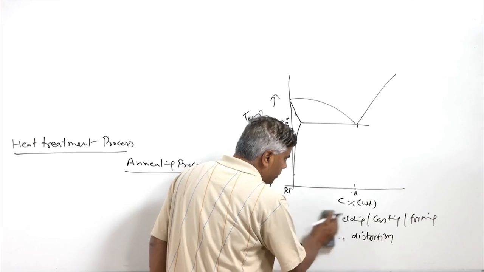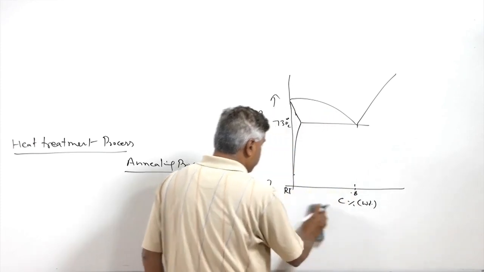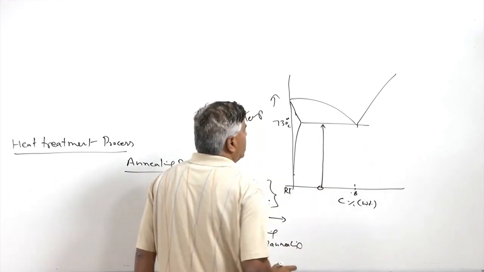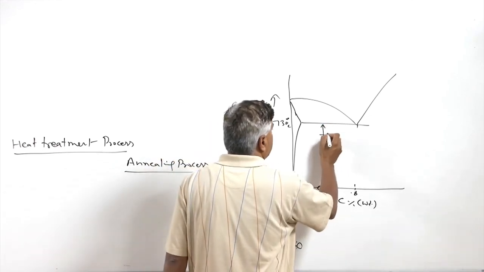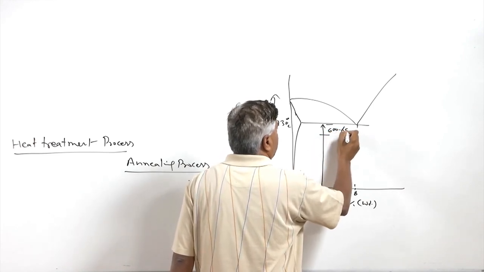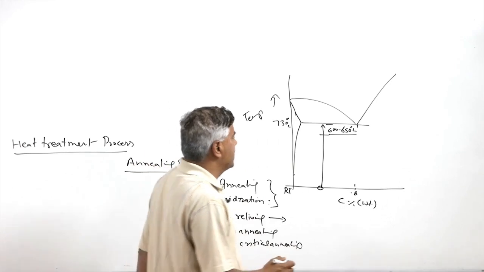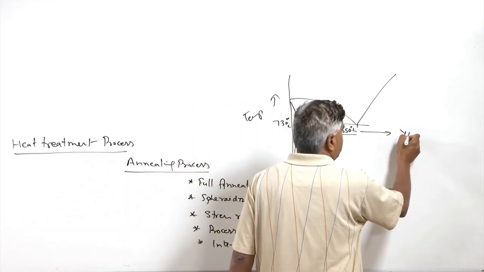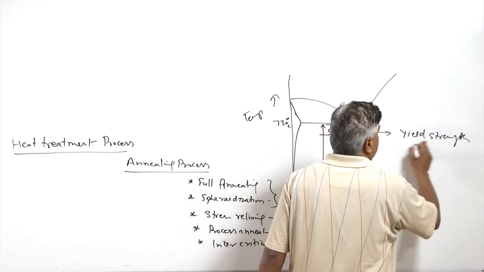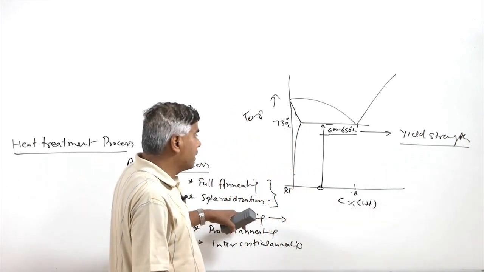So it becomes important to reduce the residual stresses induced by manufacturing processes, and for that purpose normally the component is heated to a temperature just below the lower critical temperature. Normally 600 to 650 degrees centigrade is the temperature range used for stress relieving. Whenever the steel component is heated to a high temperature, its yield strength is reduced, and the reduction in yield strength eases the locked-in strain because of which residual stresses were induced.